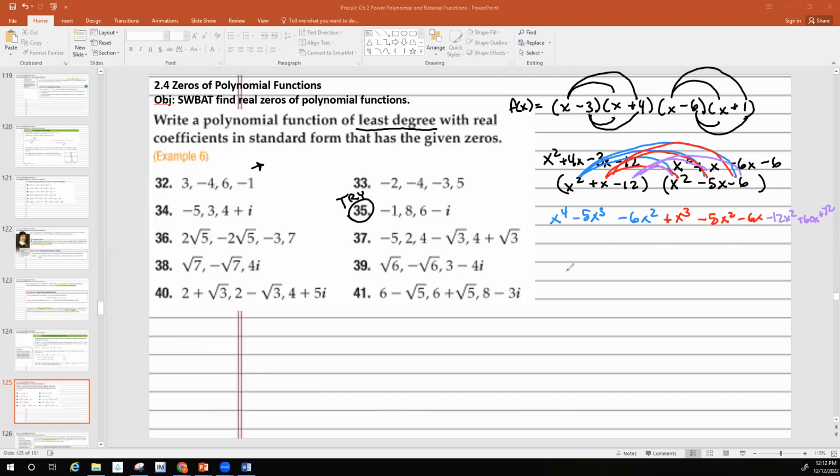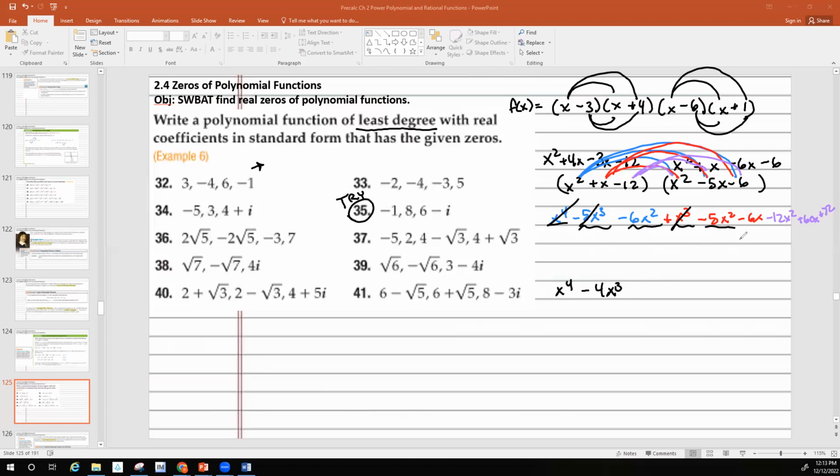And then combine like terms. You've got 1x to the fourth. We have negative 5x cubed plus 1x cubed, which is negative 4x cubed. All right, we're done with those. Now let's look at the squares.